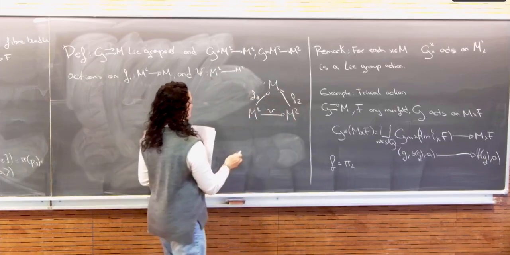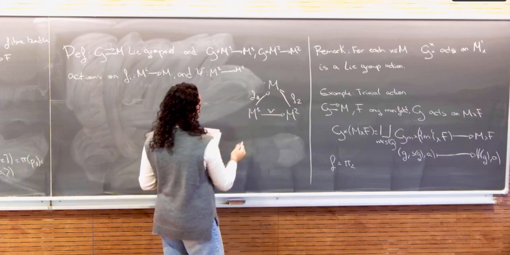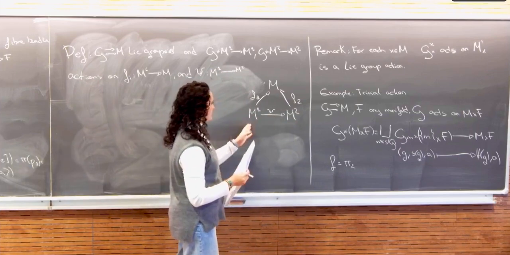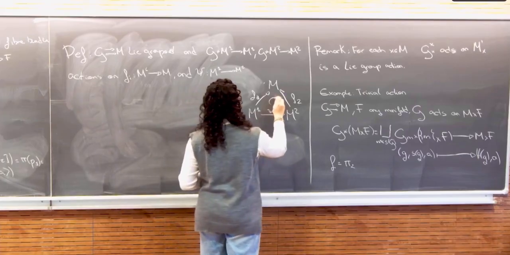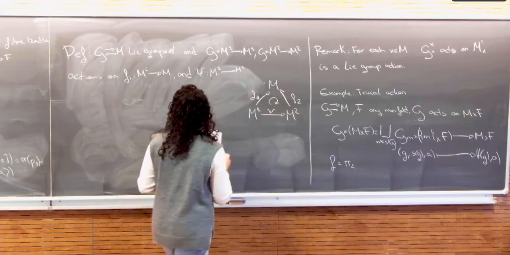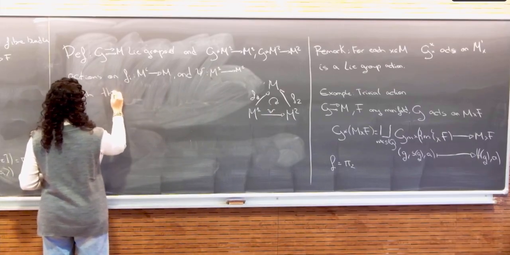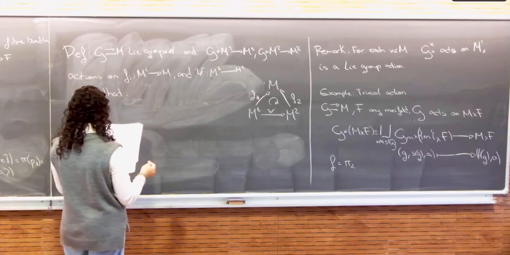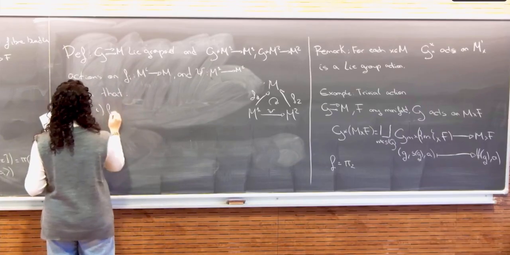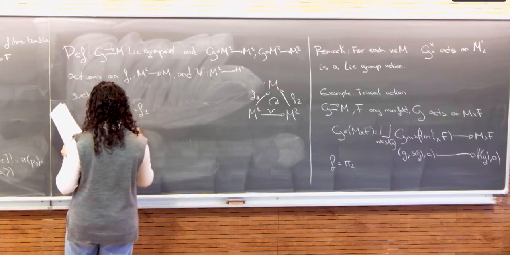So we want this map to send fibers of this manifold to fibers of this manifold. So we want this diagram to commute. So the first condition is going to be that F2 composed with phi is F1.